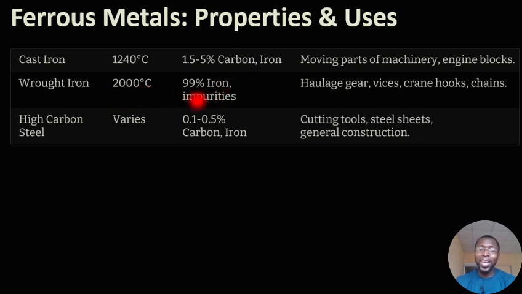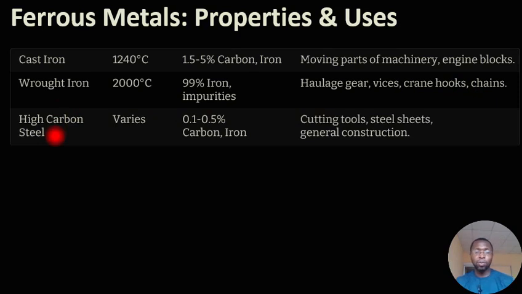And it consists of 99% of iron with other impurities. Okay? And for the application, we use it in making gears, vices, crane hooks, and chains. So it's a type of ferrous metal that we use for making chains.